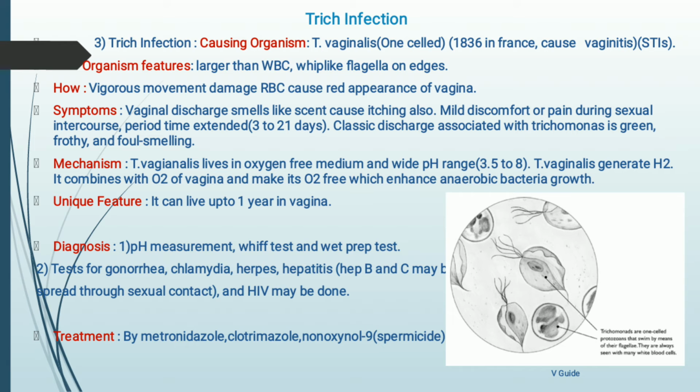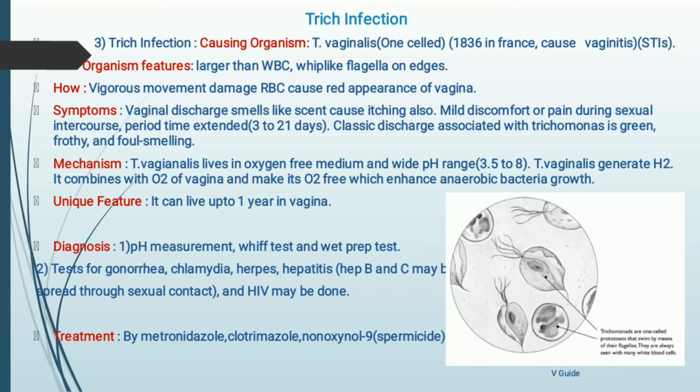Due to this combination, there is a lack of oxygen in the vagina, and the vaginal conditions become anaerobic in nature, which leads to the flourishing of Trichomonas vaginalis. So this is the basic mechanism behind Trich infection.